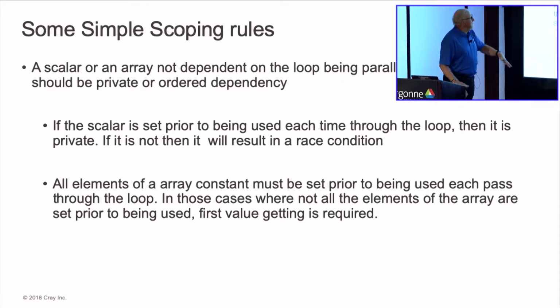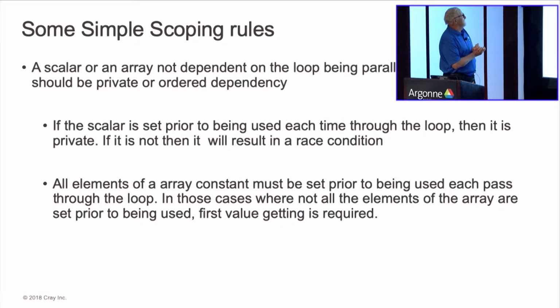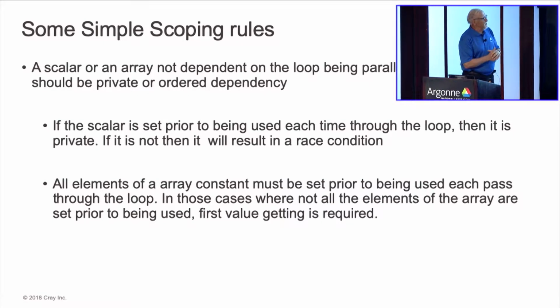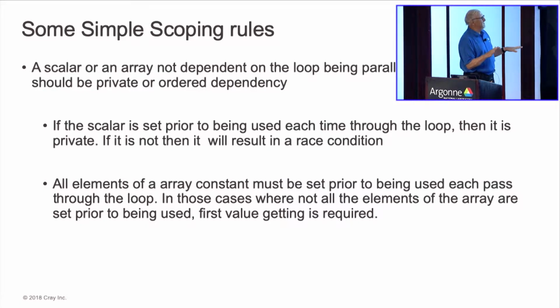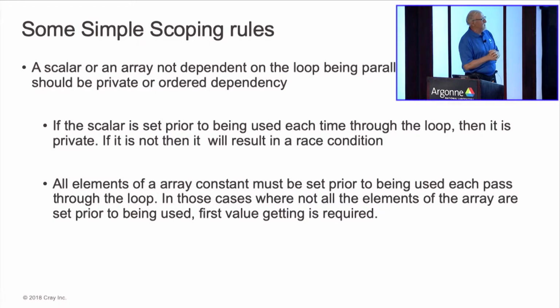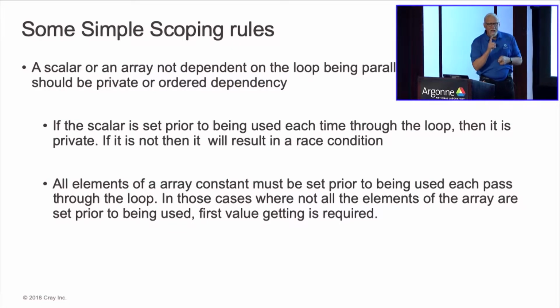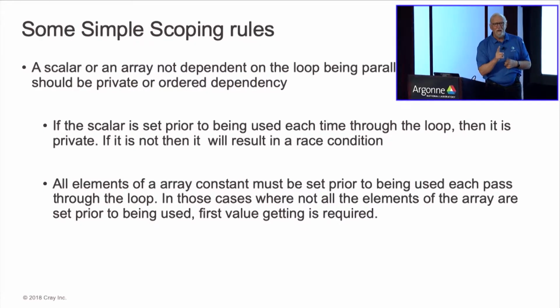But here's a few simple rules. If a scalar is set prior to being used each time through the loop, then it's private. All elements of an array constant must be set prior to being used each pass through the loop. In those cases where not all the elements of the array are set, you might have to do first value getting.